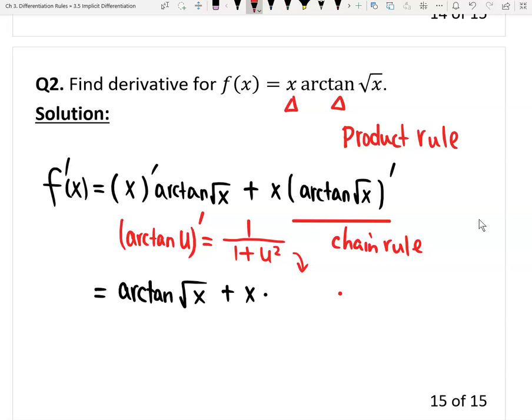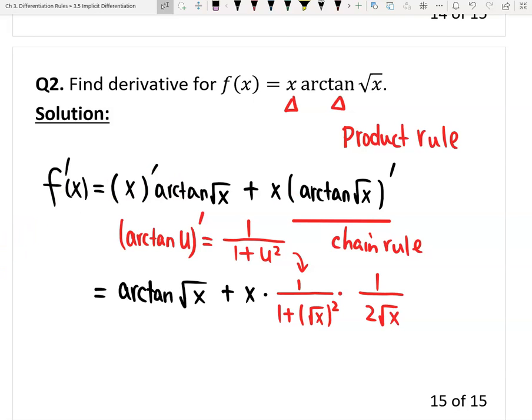I put it here: 1 over 1 plus u, which is square root of x, squared. And this is the derivative of the outer, and then times the derivative of the inner. Square root of x is the inner. Take a derivative. You remember that formula: 1 over 2 times square root of x.